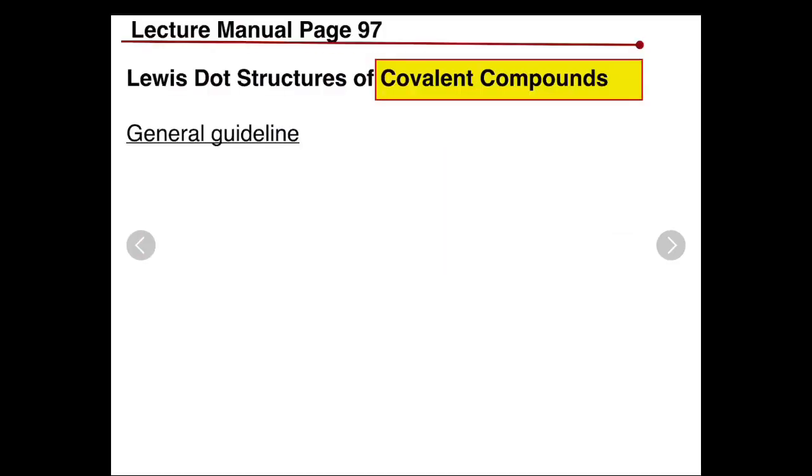Next, we are going to take a look at the Lewis dot structure for covalent compounds or molecular compounds that contain covalent bonds. So again, the difference from an ionic bond is that the electron is already transferred. That's why, from the previous example, you don't see me making a bond between them. They are separate, cation and anion, because it indicates that electrons transferred from the cation to the anion.